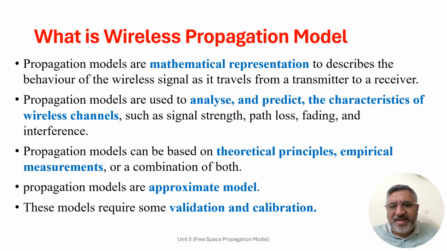Propagation model, also known as radio propagation model or wireless propagation model, is basically a mathematical or empirical representation of how electromagnetic waves interact with the environment or propagate through the wireless communication channel. It describes the behavior of the wireless signal as it travels through free space from a transmitter to a receiver, taking into account various factors that affect signal propagation. These wave propagation models can be classified on the theoretical principle, empirical measurement, or a combination of these two.